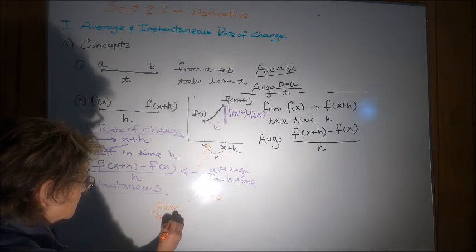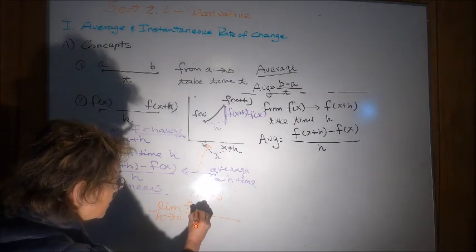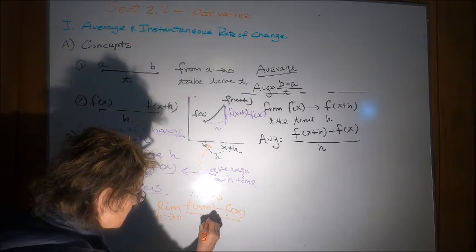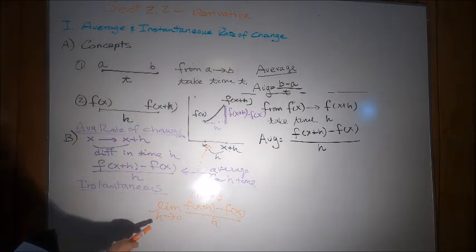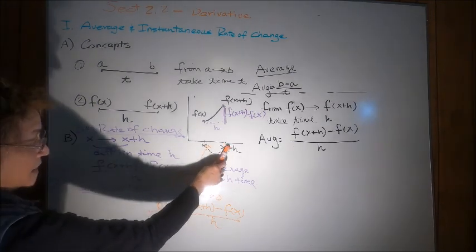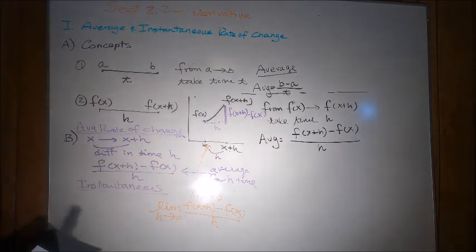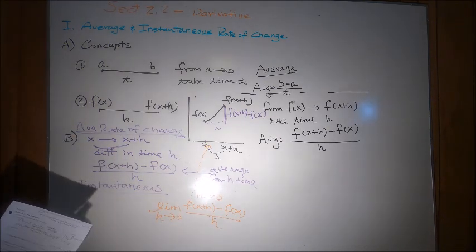When h is close to 0, instead of time passing over a long period for the average, it's just right at that moment. That's the limit concept we use.